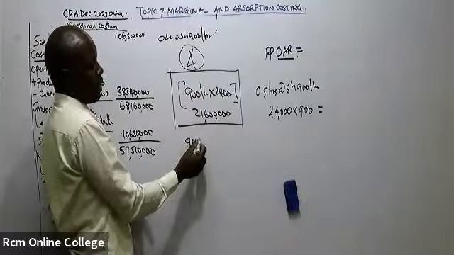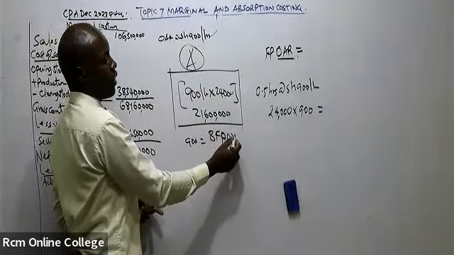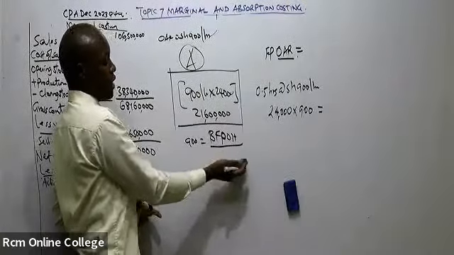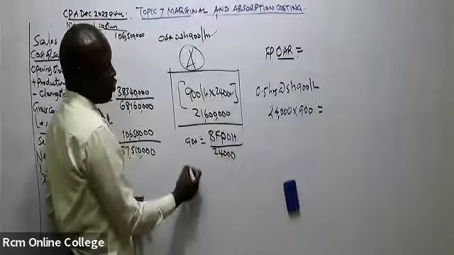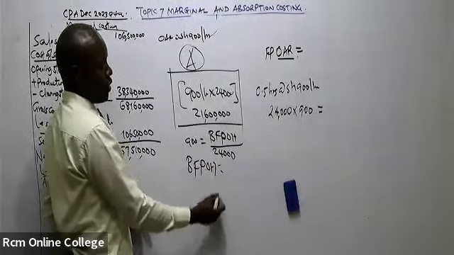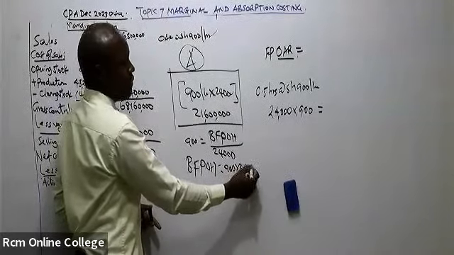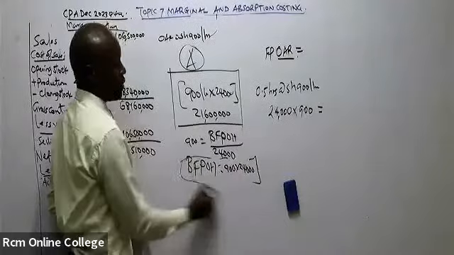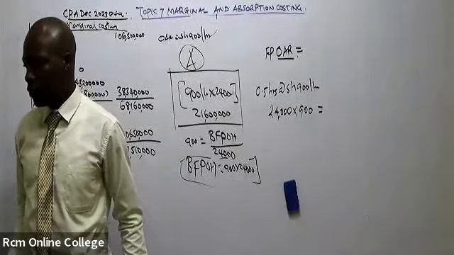It is 900 shillings per hour, equal to budgeted fixed production overheads over budgeted activity level, which happened to be labor hours, 24,000. How do we get budgeted fixed production overheads? You cross multiply. So it is 900 times 24,000. That is if it was based on labor hours. Tumeelewana hapo? Are we together now?